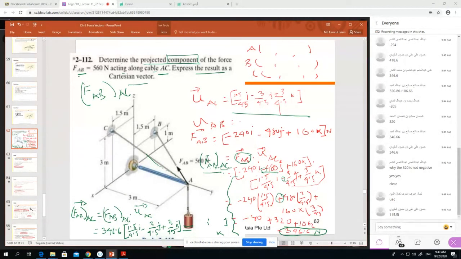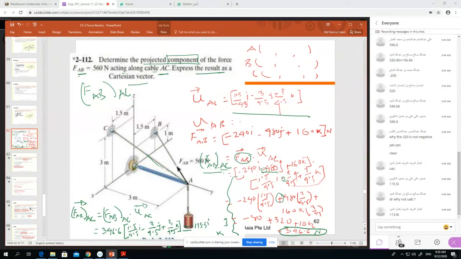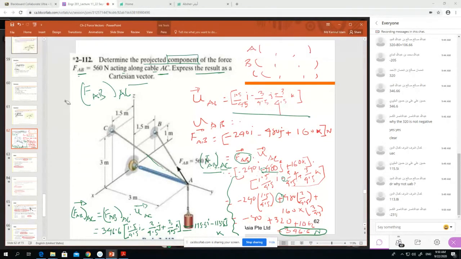115.5 I. Doctor, why not UAB? Because this is the formula. 113.8 J... you wrote a wrong answer.